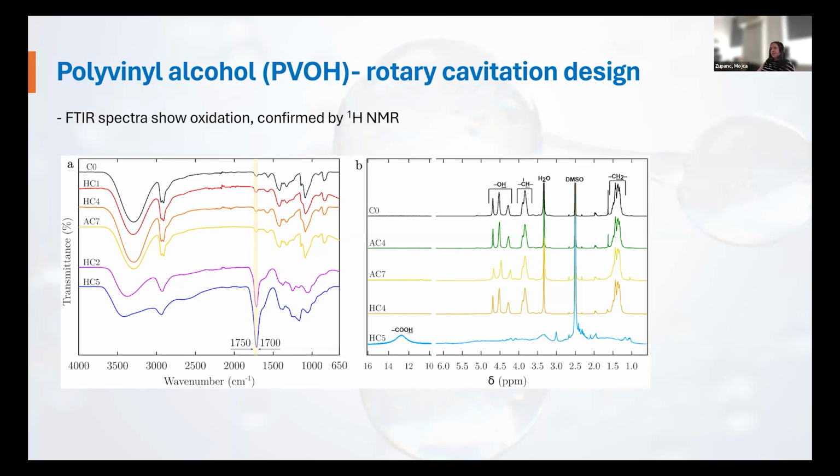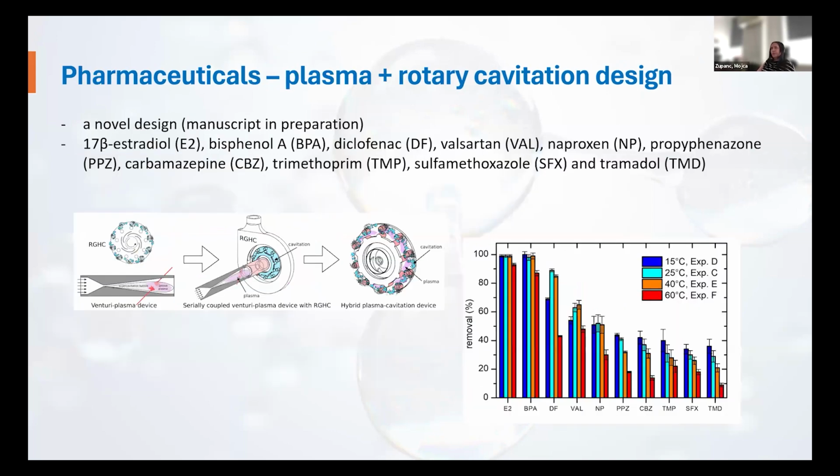And the last investigation that we are performing right now is where we joined plasma and generation of plasma using a rotary cavitation device. First of all, we ignite plasma in the Venturi constriction where supercavitation is formed, and the supercavitation bubble is established using our rotary device.